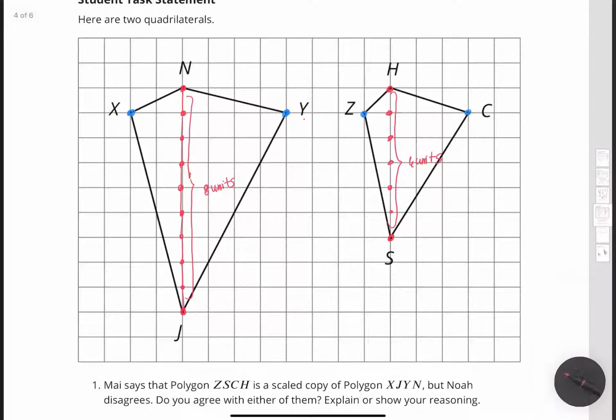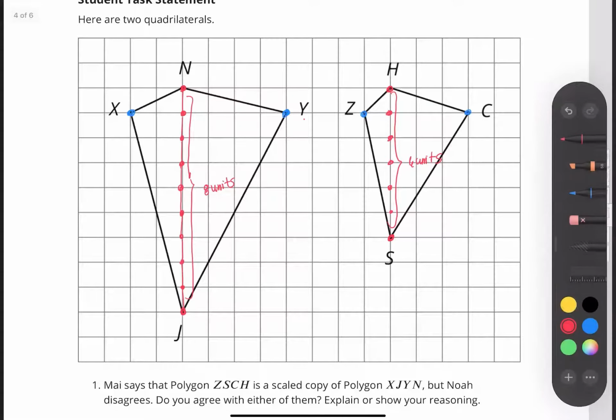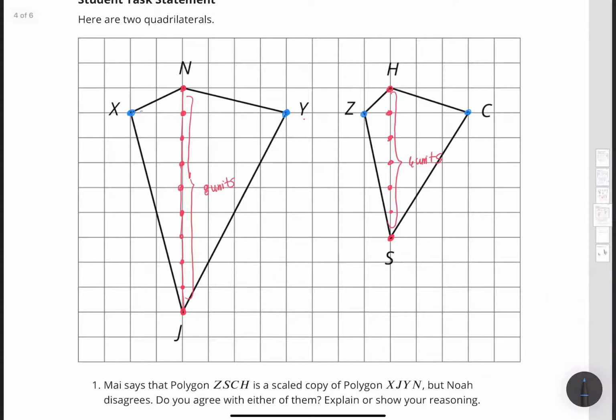Then I want to take the distances between the other 2 segments, and I'm doing that in blue. So this is 1, 2, 3, 4, 5. Let me double check. 1, 2, 3, 4, 5, 6. Oh, I apologize, actually 6 units.